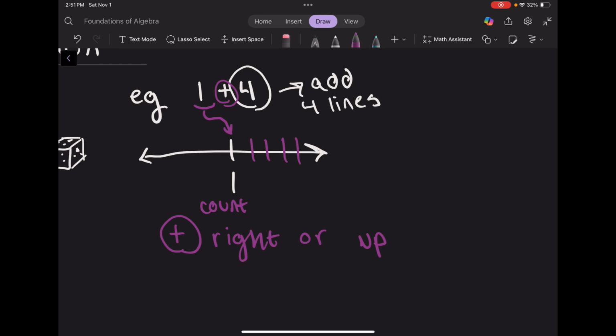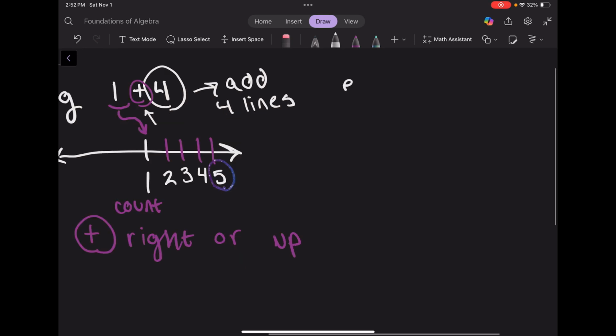So then when we're counting from 1, let's count to the right or count up because we're adding. So 1, 2, 3, 4, 5. And then where you end up, like the last line, that is our final answer.